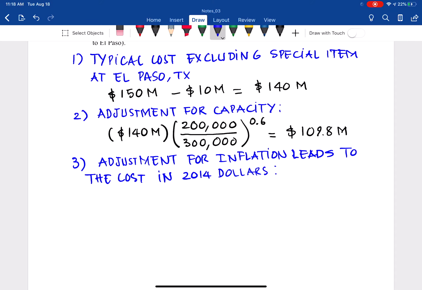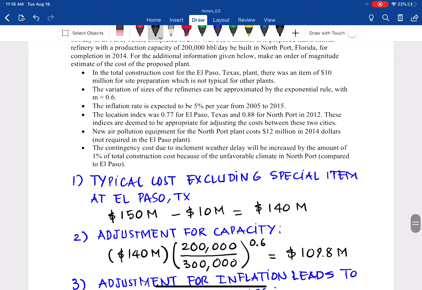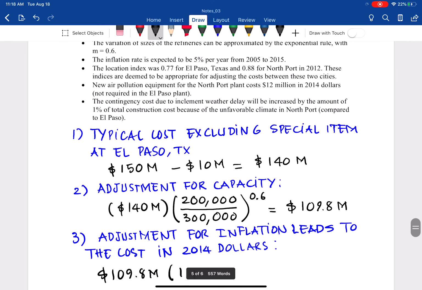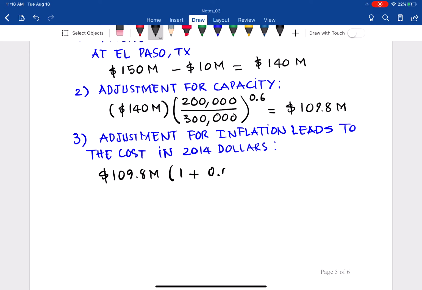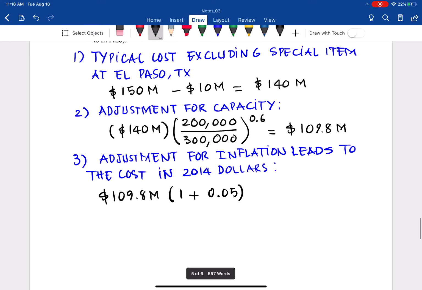For this one, the equation with the given inflation, you take the 109.8 million, and the equation is very simple. It will be 1 plus the inflation rate, 5% over those 10 years, so 0.05 interest.